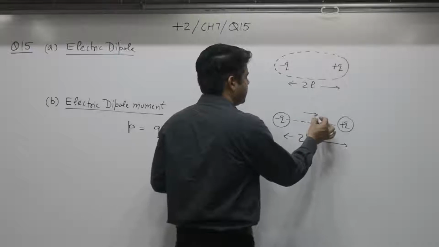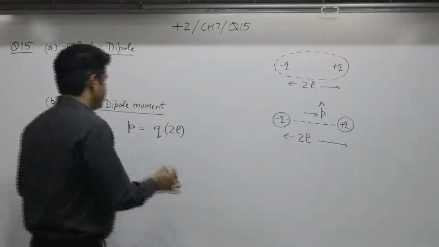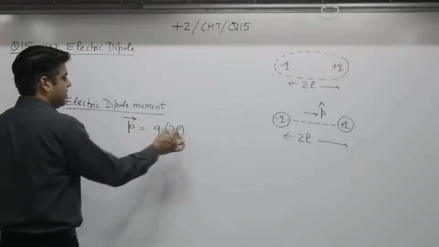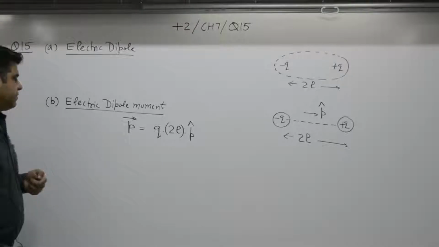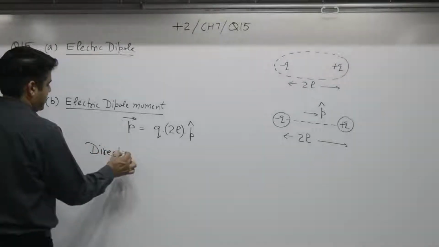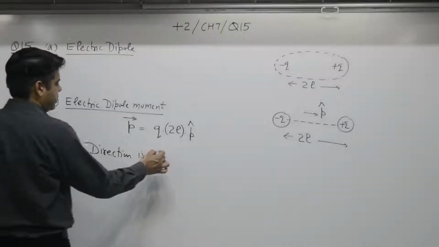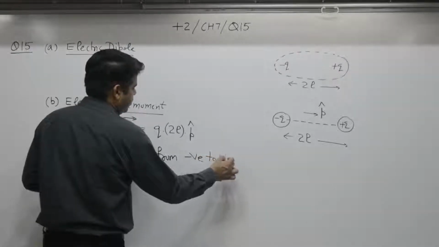That is why let us mark this as direction P unit vector. So P is a vector quantity having its direction from negative to positive.